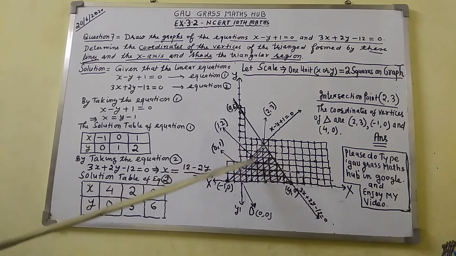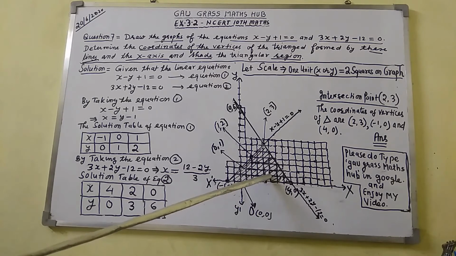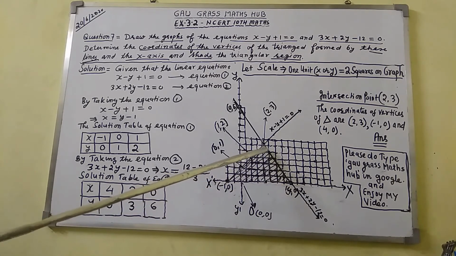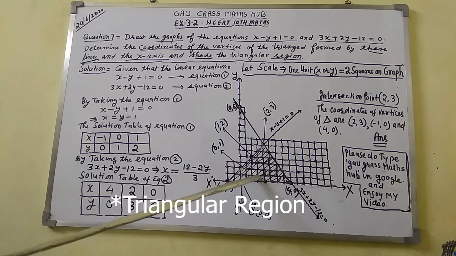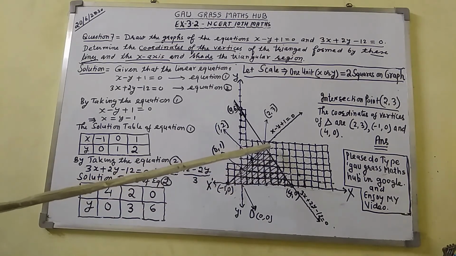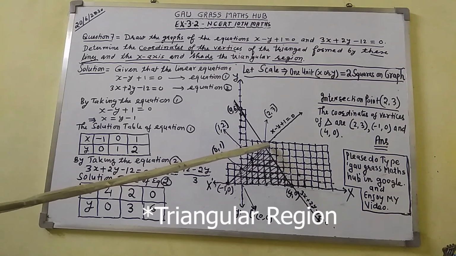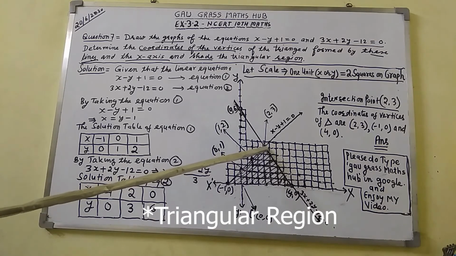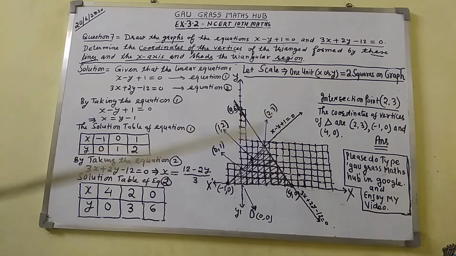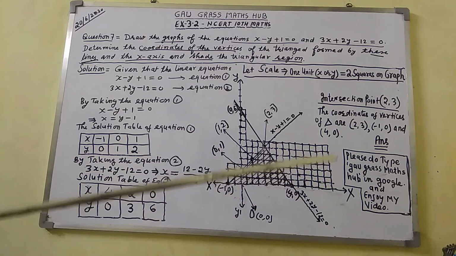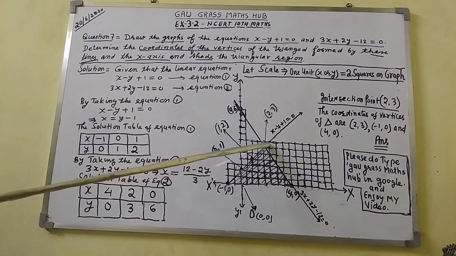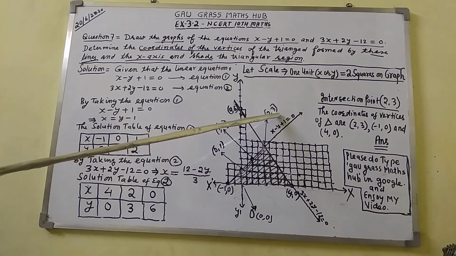And now I have shaded the triangle portion here. I have shaded the region here. You can see the shaded part is the triangular region itself. Now the vertices of the region which I have shaded will be 2, 3, minus 1, 0, and 4, 0. Now you can see here the intersection point is 2, 3.